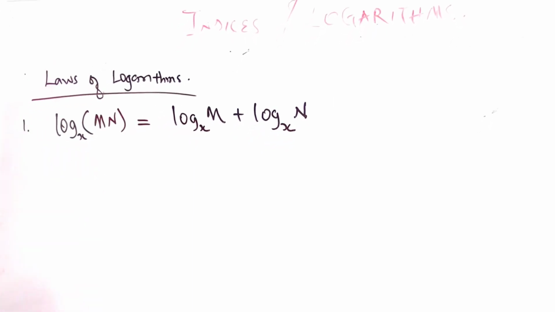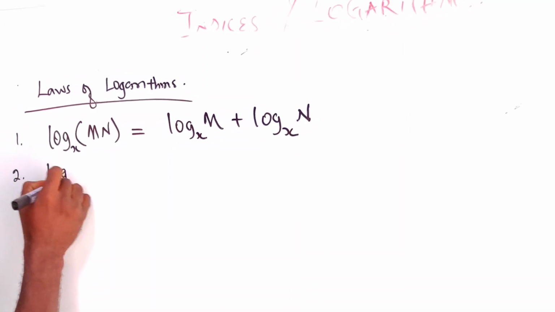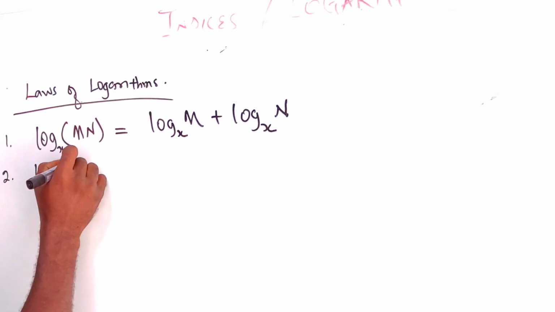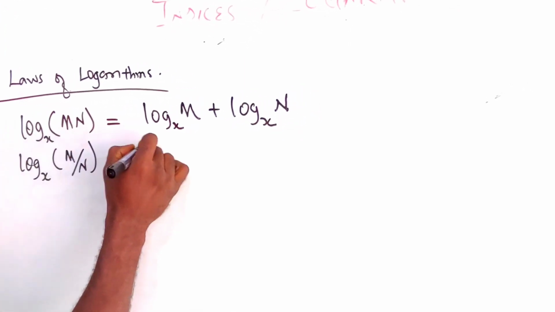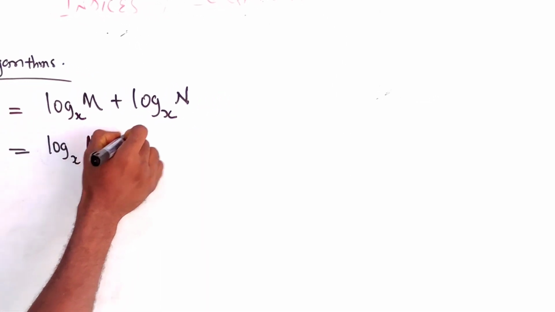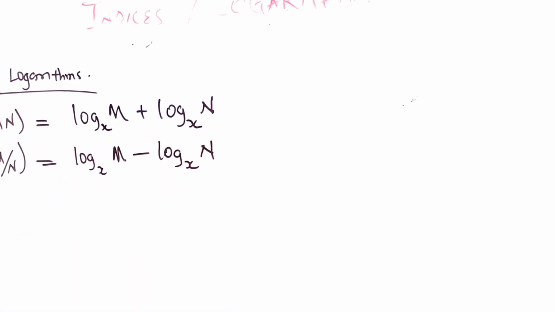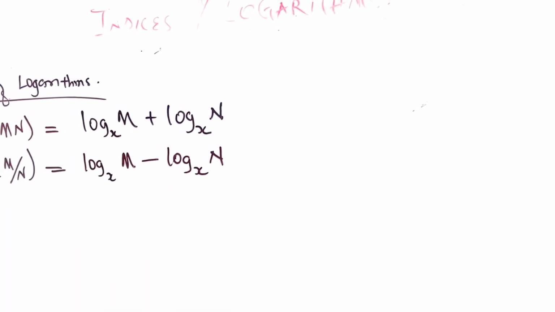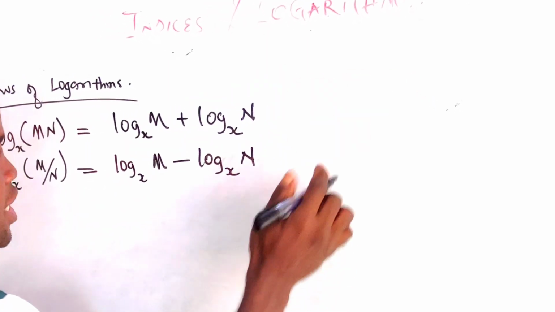So law 2: if you have log x of m divided by n, it is log x m minus log x n. You will discover that this is just the same thing as when you have the indices. I told you it's just the mirror of indices.